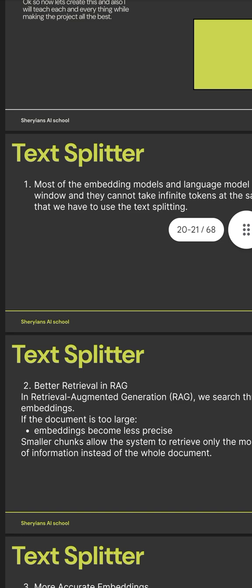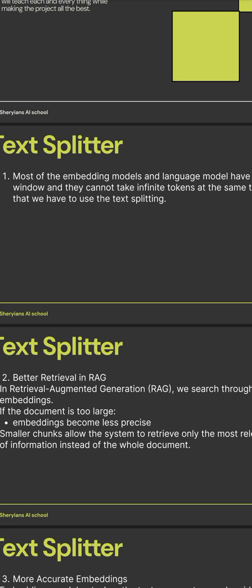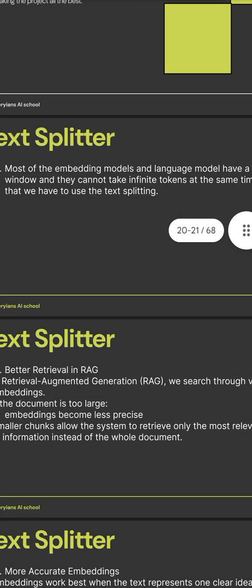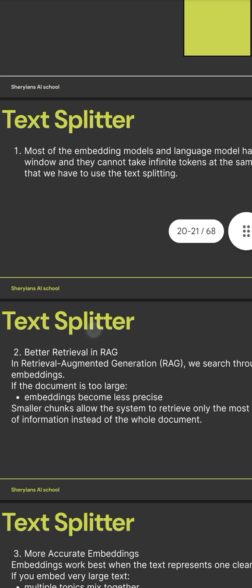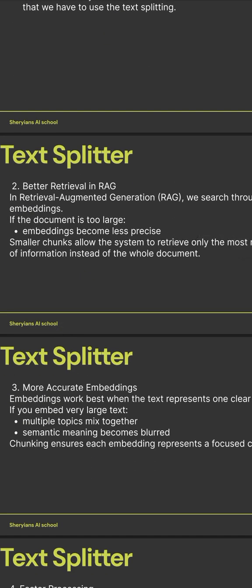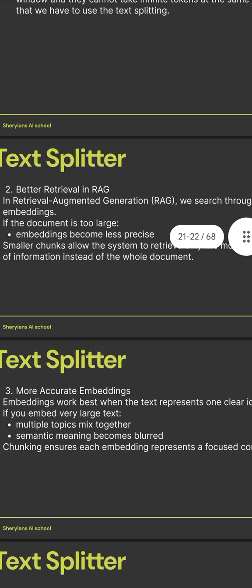The text splitter is needed because most embedding models and large language models have a context window, and they cannot take infinite tokens at the same time. So for that we have to use text splitting. For better retrieval in RAG, we search through vector embeddings.